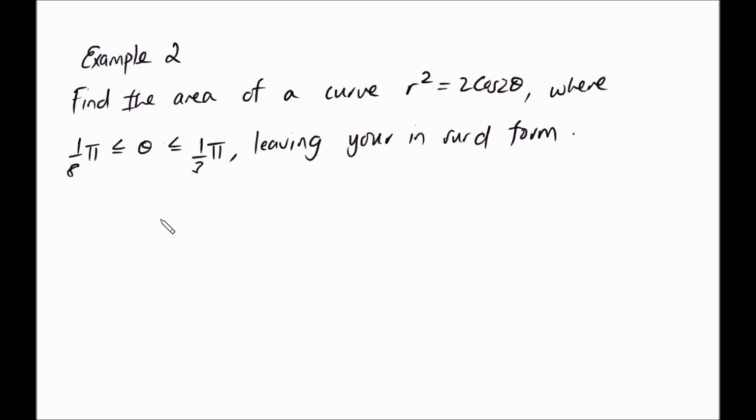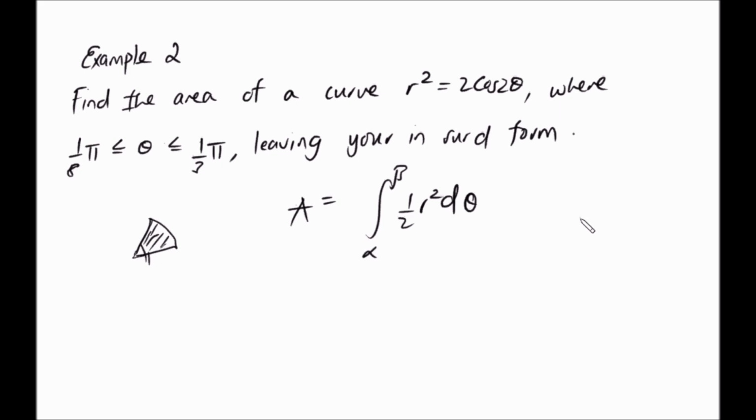When it says area of a curve, it means a curve like this, so it's a sector. So theta ranges from here, 1/8 to 1/3. We have already seen that the area of a sector is just integrate from alpha to beta 1/2 r squared d theta.